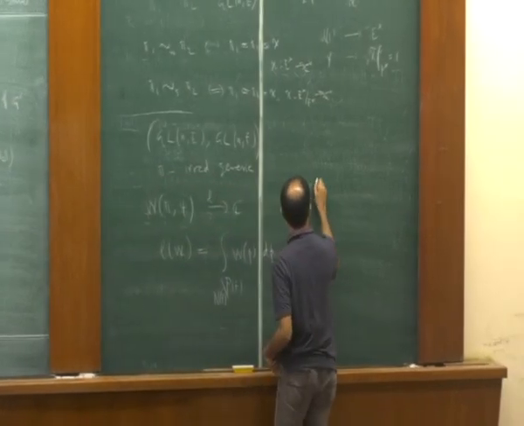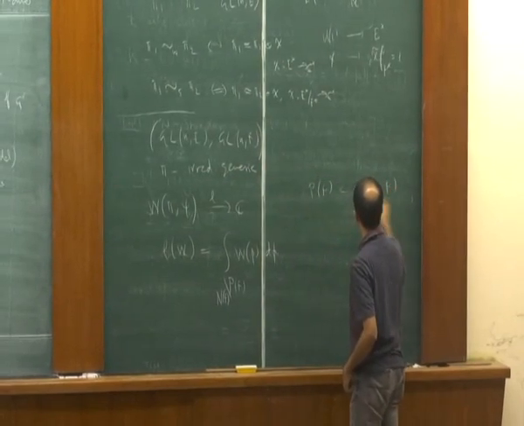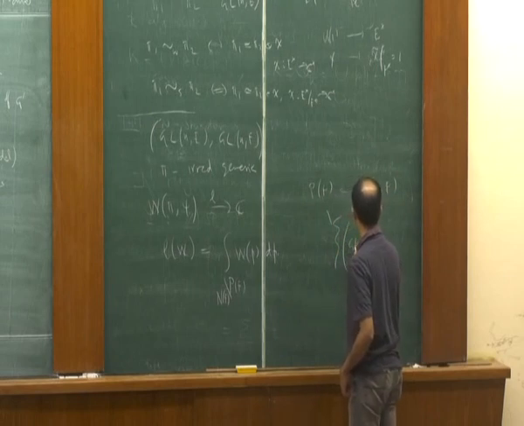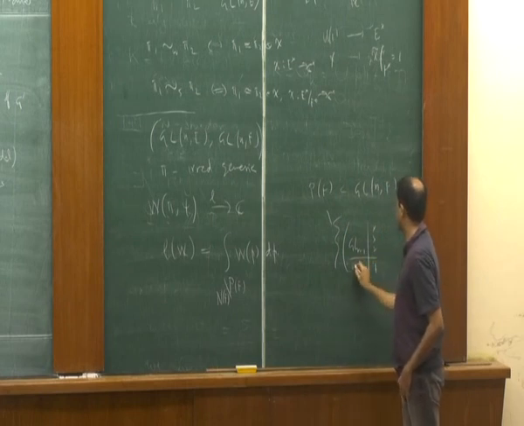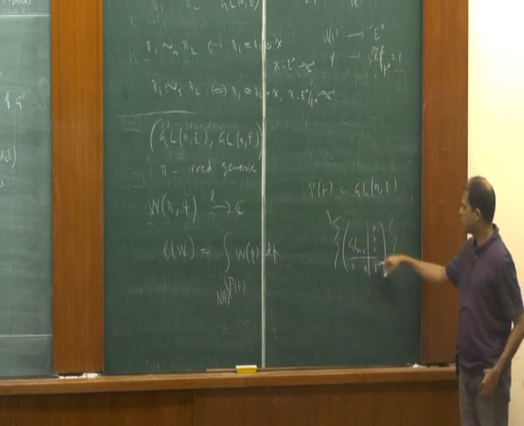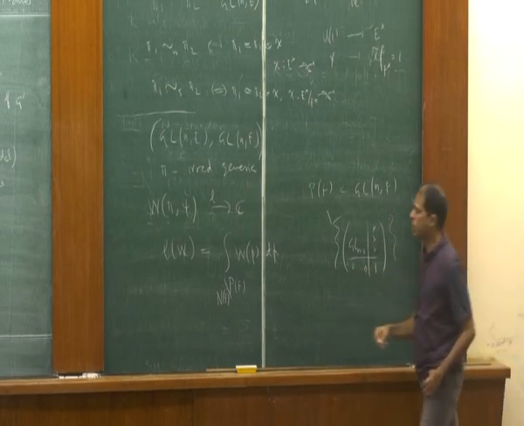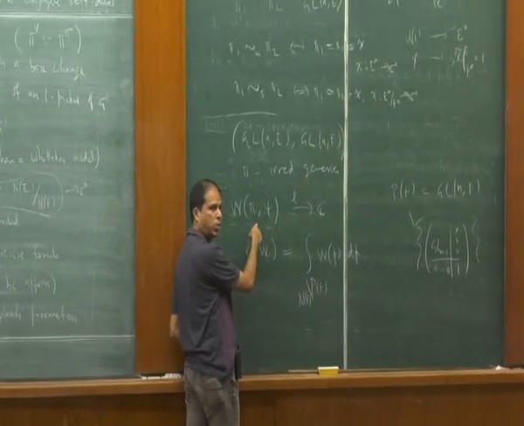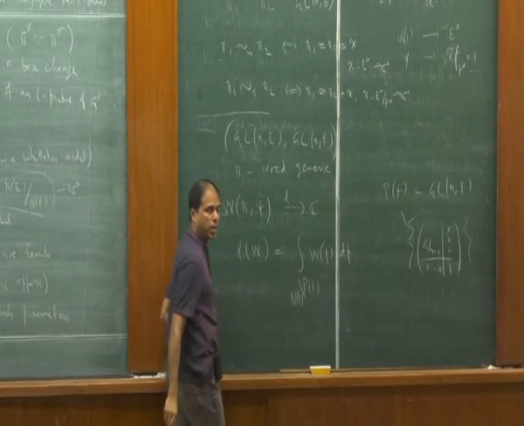P is the metabolic subgroup. P(F) contained in GLN(F) is matrices of this form, GLN minus 1, star, 1, 0, 0 etc. It's like the GLN minus 1 cross GL1 Borel, except that this is 1 here. So it's what is called the metabolic subgroup. So you take a Whittaker function and integrate on the metabolic subgroup quotiented by N(F).